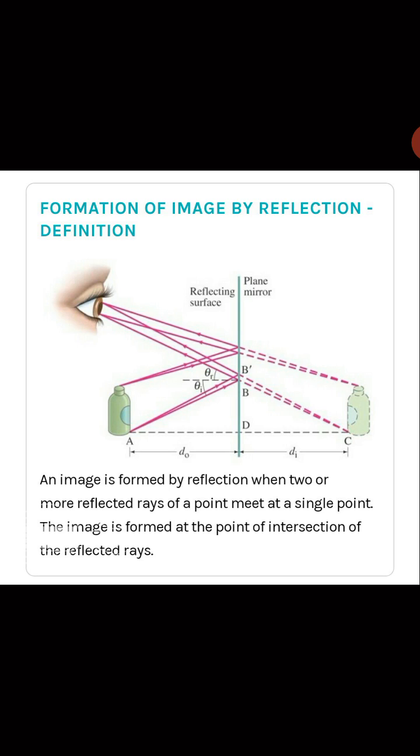Actually, if you see the diagram, there are dotted lines drawn on the right hand side of the plane mirror, where the rays are forming an image behind the mirror too, at point C. An image is formed by reflection when two or more rays meet at a single point, and the image is formed at the point of intersection of the reflected rays.